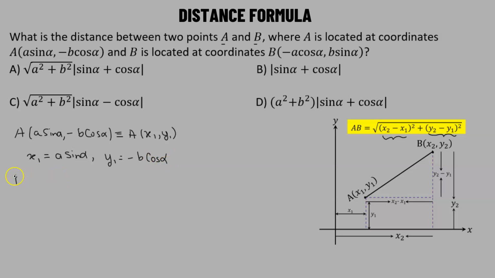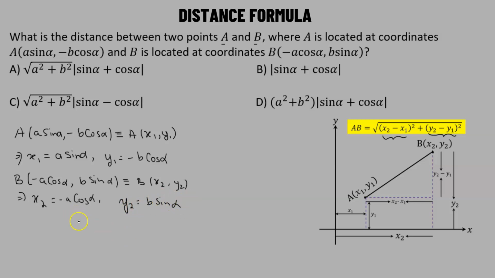Then we go to the next point B. So B has the coordinate point negative a cosine alpha, comma, b sine alpha. So we're going to make it equivalent to x2, y2, such that we get the value of x2 as negative a cosine alpha and y2 value corresponds to b sine alpha.